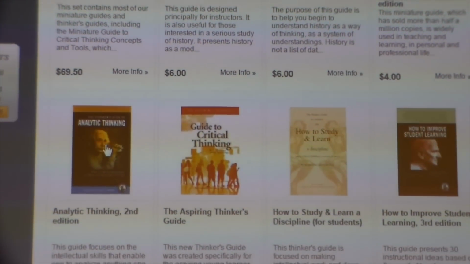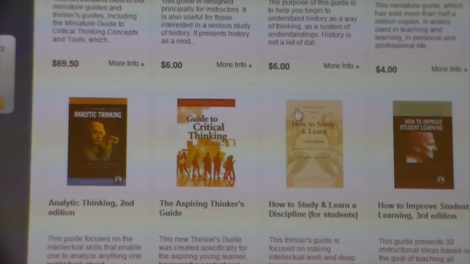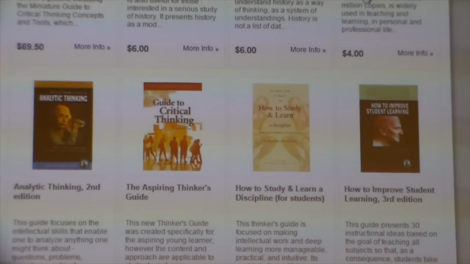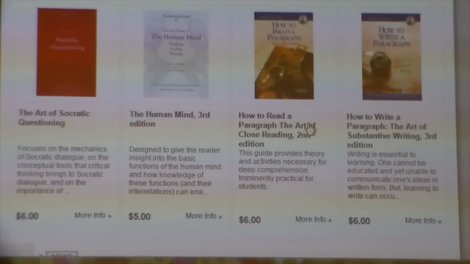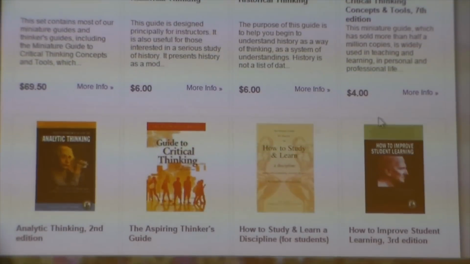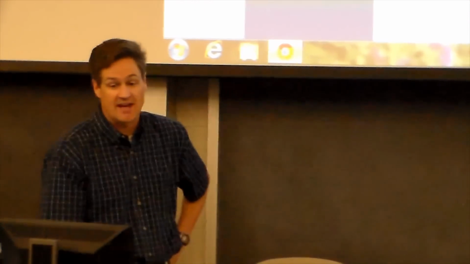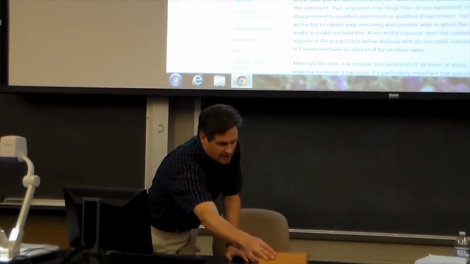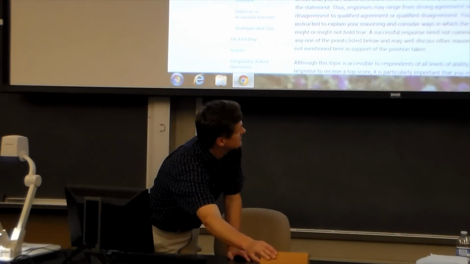This is the analytic one that we're looking at here. How to learn and study, how to improve student learning. That's more for teachers. Anyway, so the selection I have up here is from this foundation, and they have really good examples and help you think about what analytic thinking is.